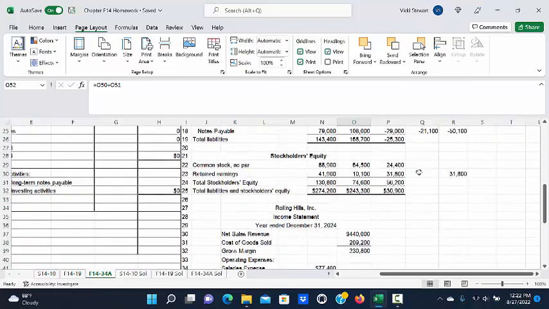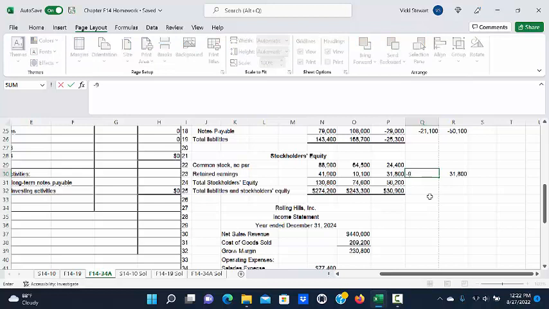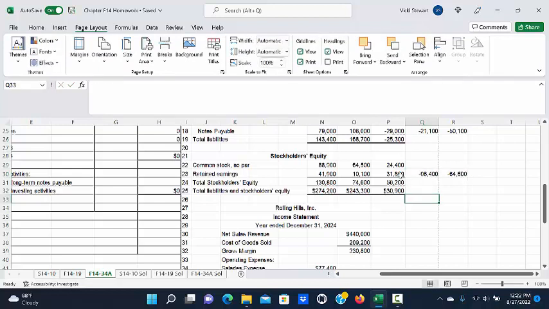So that means that Rolling Hills issued some dividends, or retained earnings would have increased by the same amount as net income. So when we subtract the $96,400 from the increase of $31,800, we can see that Rolling Hills paid dividends for 2024 of $64,600, and we're going to need that information when we complete the statement of cash flows, the financing activities section.